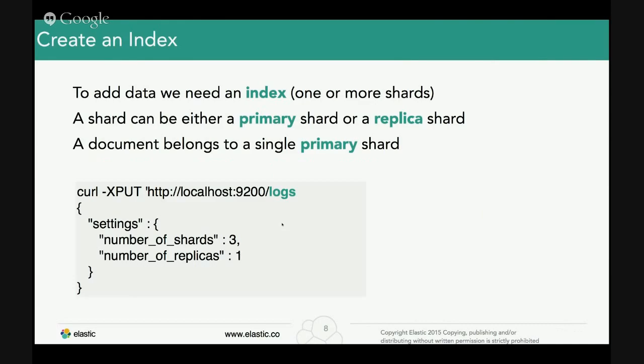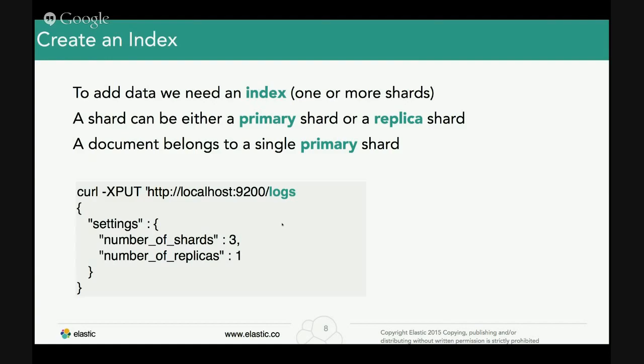So you've got your Elasticsearch instance up and running, and you want to get started with it. We need an index first to start indexing data into it. This index will contain primary shards and replicas. A key characteristic here is that a document can only exist in one primary shard.